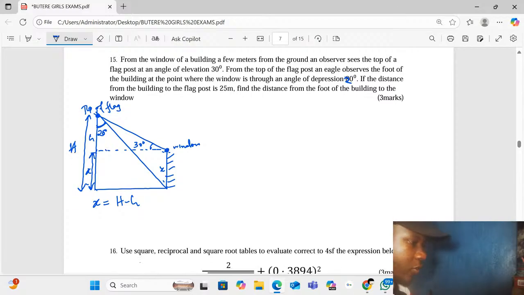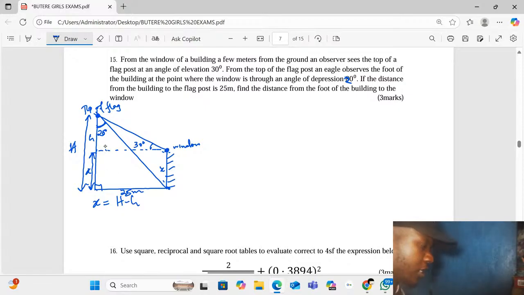How do we find capital H? To find capital H, we have these two. This is 90 degrees, and the distance from the foot of the building to the flag post we are given to be 25 meters. Using this to find capital H, we simply use trigonometric ratios.